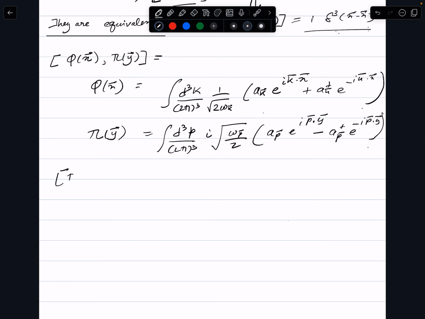Now let's take the commutation relation. So I have to take the commutation relation of this operator with this operator.